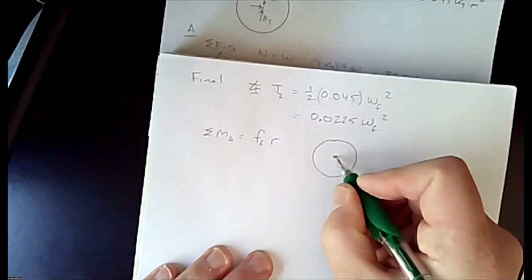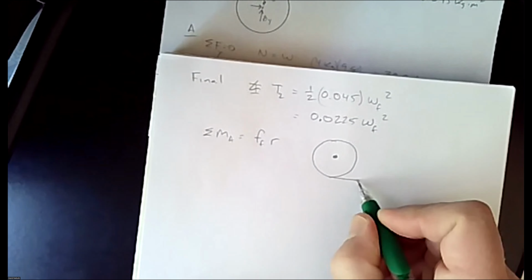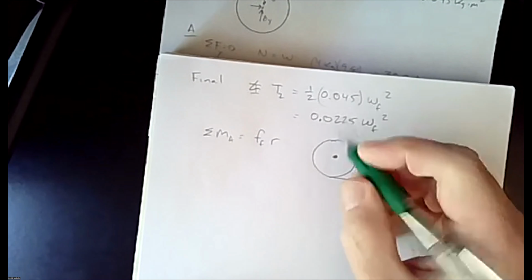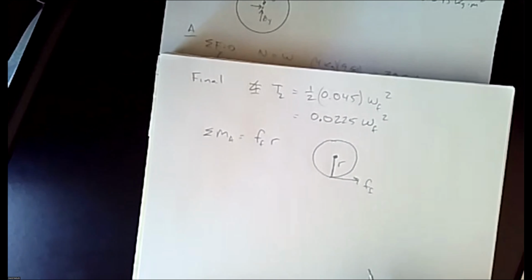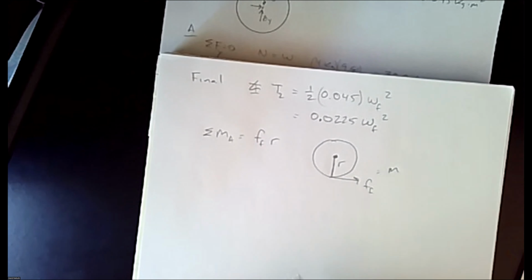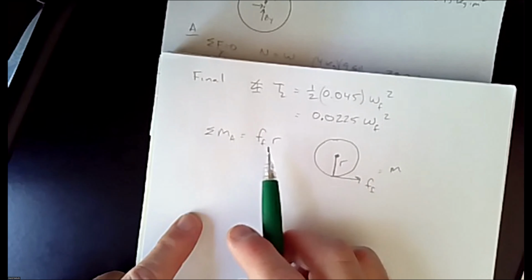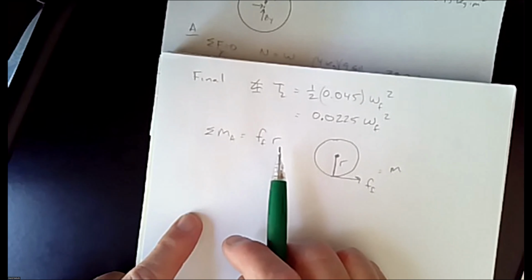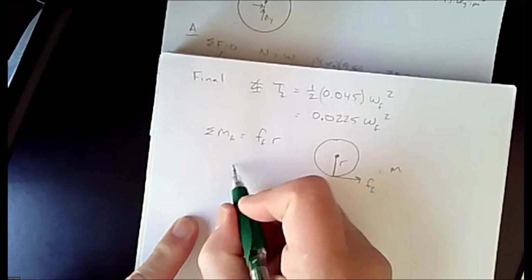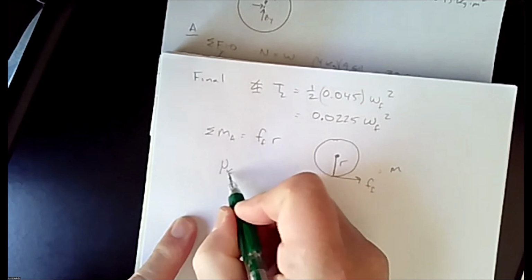If I take the moment about the center point here, then I know that my friction force times the radius, that's going to equal my moment. So if I know that friction force is going to be mu k 39.2, so I know that I have mu k 39.2, right? That's the friction force I determined earlier.